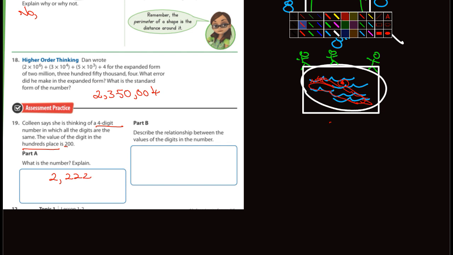That's pretty easy, huh? You don't need to explain that. And then describe the relationship between the values of the digits in the number. That you could do. Well, what's the relationship between this 2 and this 2? And this 2 and this 2? And this 2 and this 2? All right, you guys should know that. We've been talking about that. Place value. If the digits are the same, they're times 10 one another. But you'll have to put that in your own words.